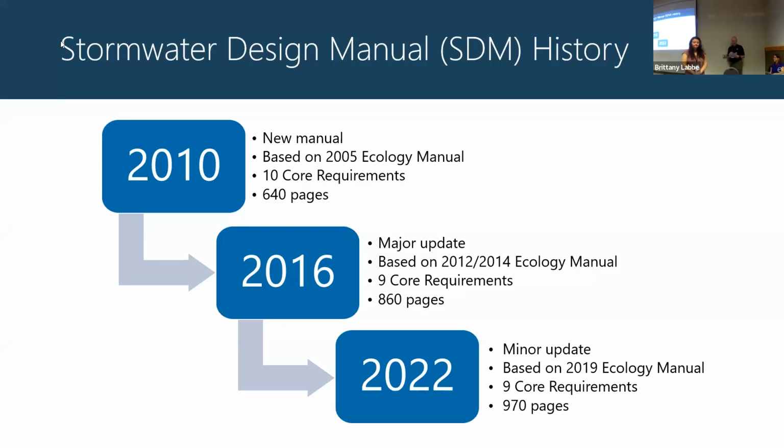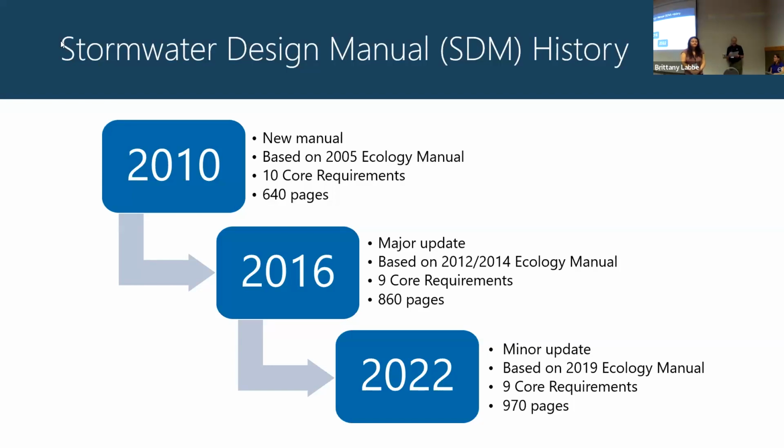And we put several unique aspects into it right from the get-go. We reformatted Ecology's 5-volume Western Washington Manual into 10 chapters. So a chapter format was a big change. And then we renamed the minimum requirements as core requirements because really they're the core of what we do in stormwater management. So I thought that was more appropriate.